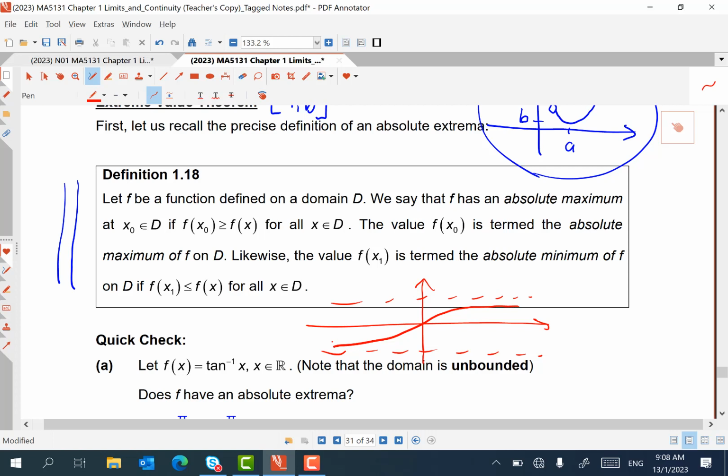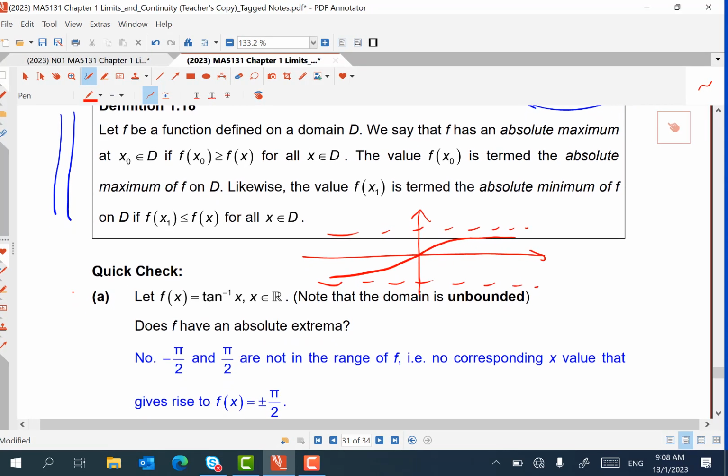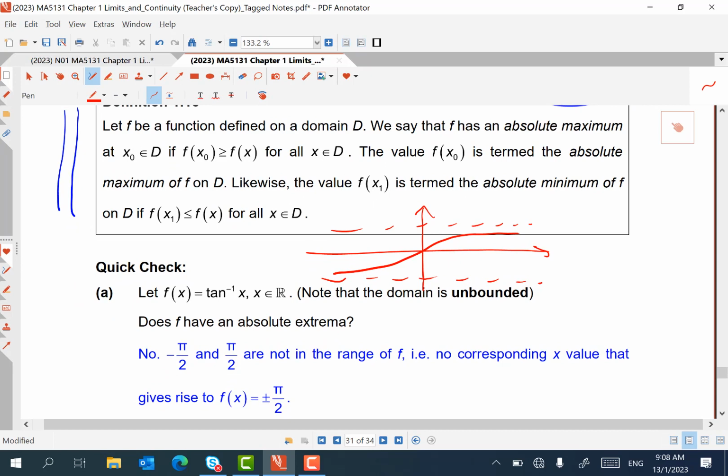Based on the shape of this graph, do you think it has absolute extrema? No. Okay, the answer is no, so you jot down that it is no. I thought this is easier to see from a graph, that clearly it doesn't have extrema. If you're wondering where minus pi over 2 is in this diagram, this is minus pi over 2.